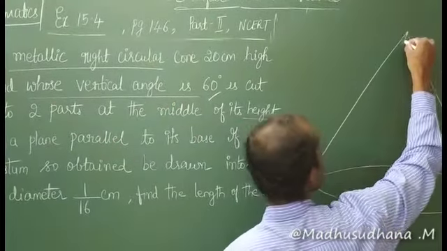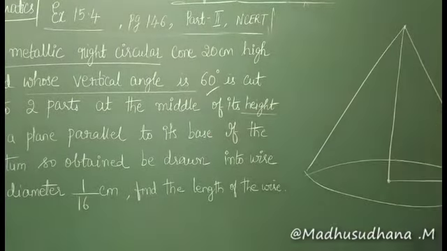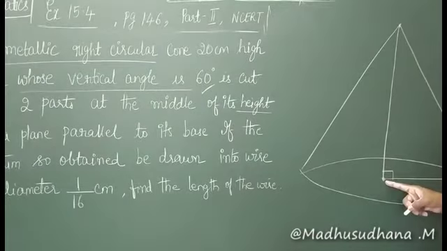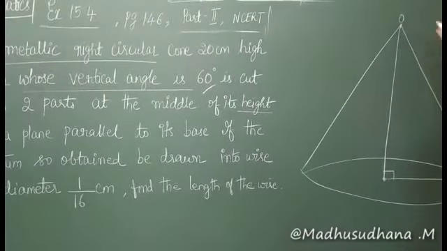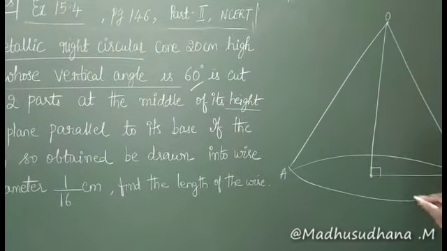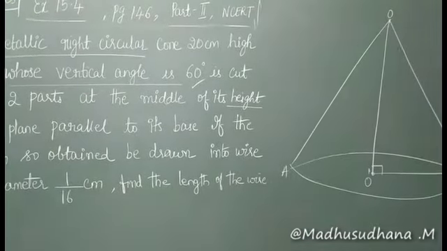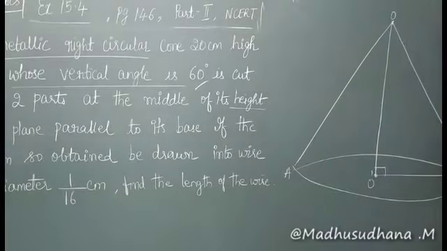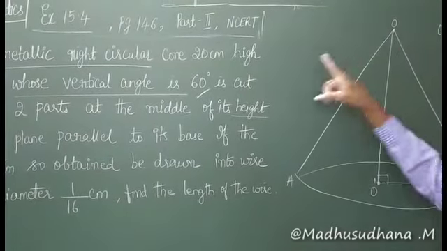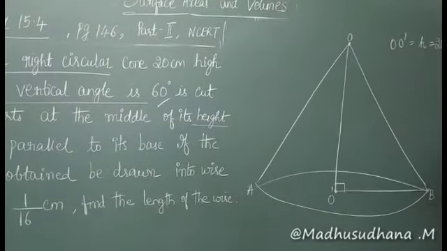So if I can just drop this vertical perpendicular, so this is 90 degrees, and if I can call this as O here, and this as A, and this is B, and this as O dash. Followed it? Okay. So let me write O dash is equal to height, which is 20 centimeters.